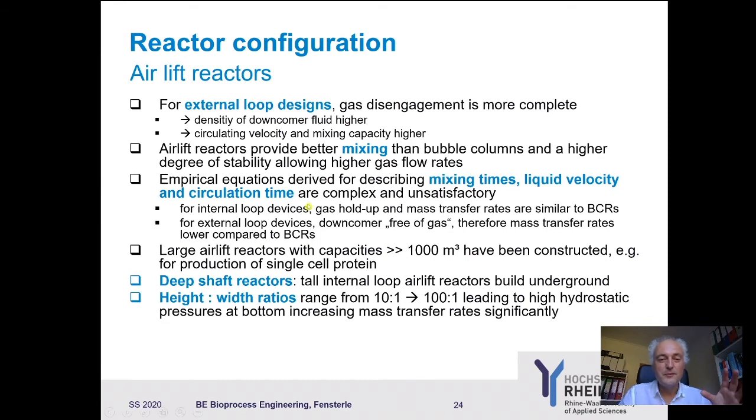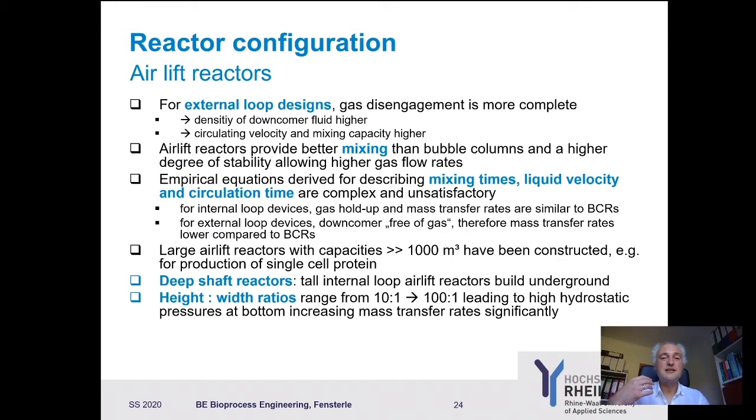As a rule of thumb for internal loop devices, this gas hold up, so the time the gas stays in your bioreactor, and the mass transfer rates are kind of similar to bubble column reactors. The external loop devices, the downcomer, of course, is free of gas. Therefore, where you have no gas, there is no mass transfer from gas to a liquid, so that overall mass transfers are lower compared to bubble column reactors.